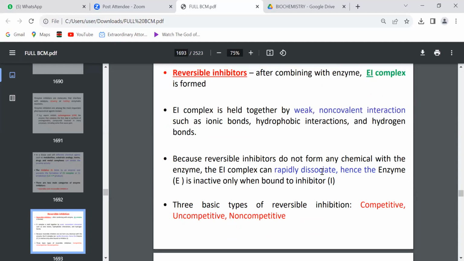There are three types of reversible inhibition: competitive, uncompetitive, and non-competitive.